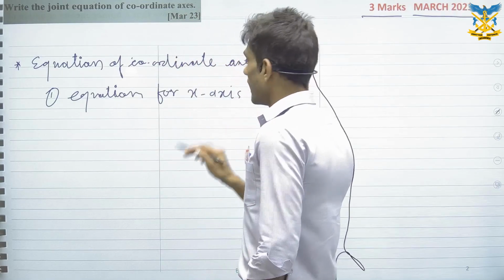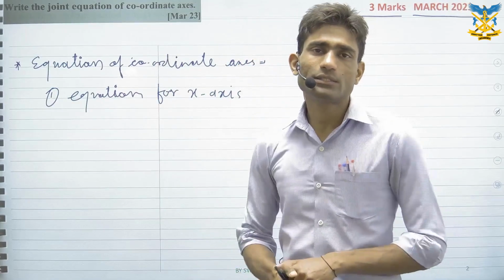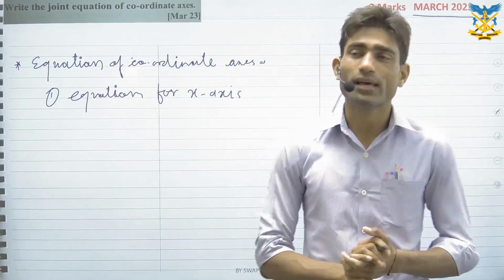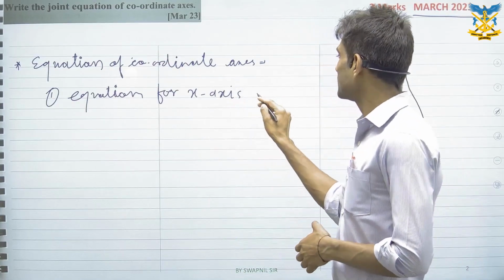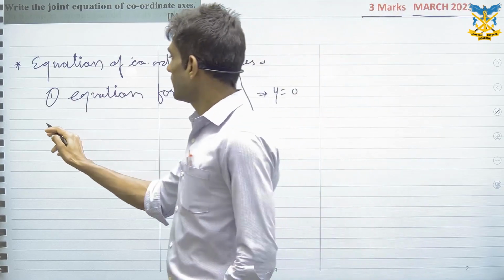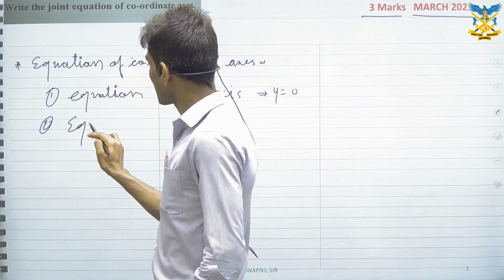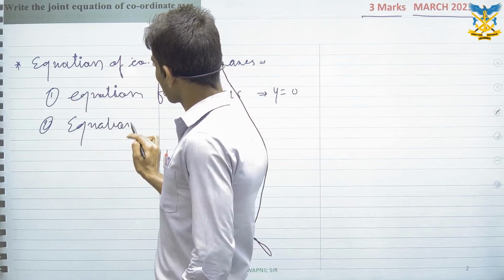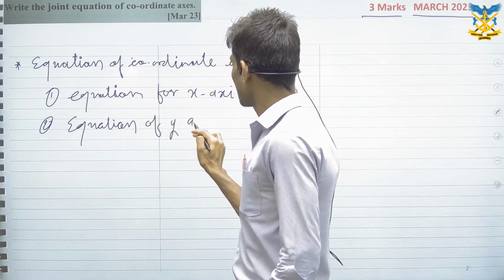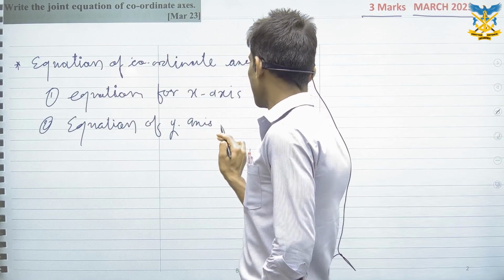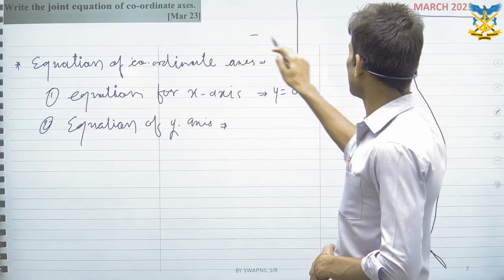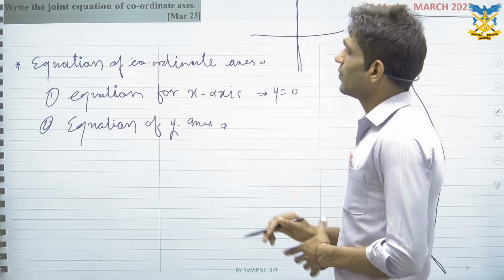We know that the equation of the x-axis means the y-coordinate of every point on it is zero. That means the equation of the x-axis we write as y equal to 0. Secondly, the equation of the y-axis: it means the points on it have x-coordinate zero.